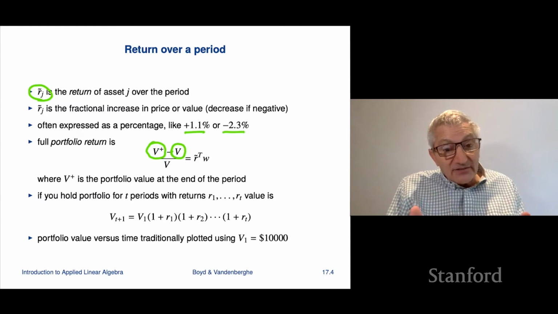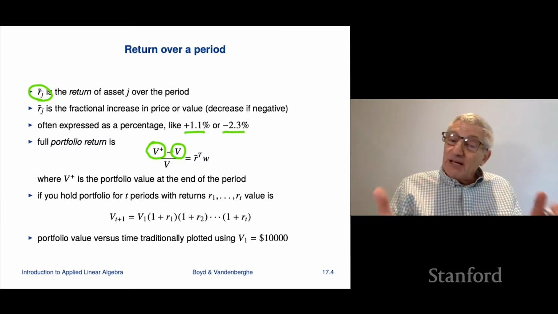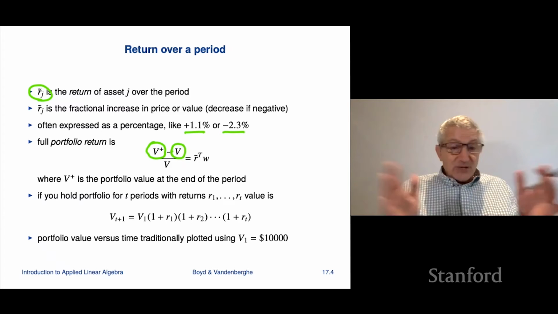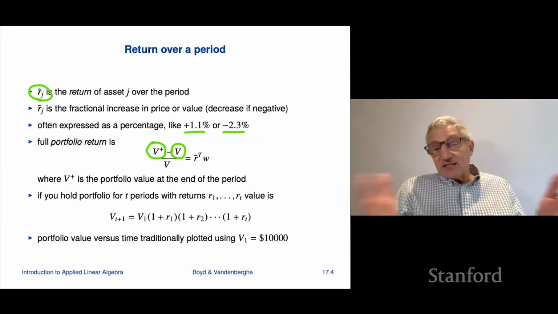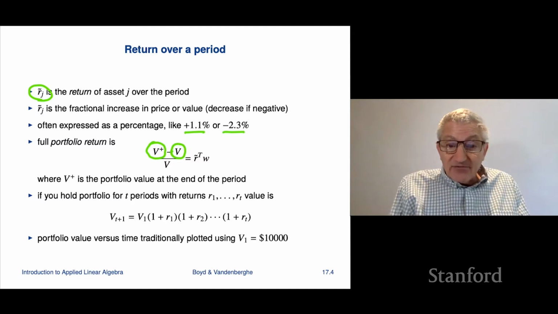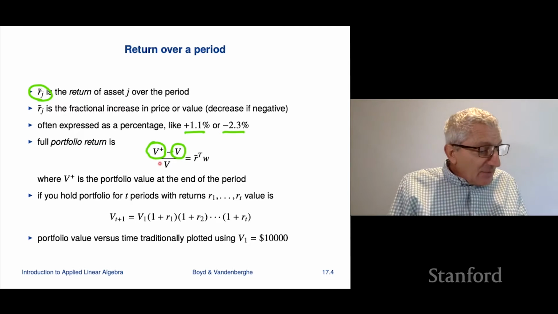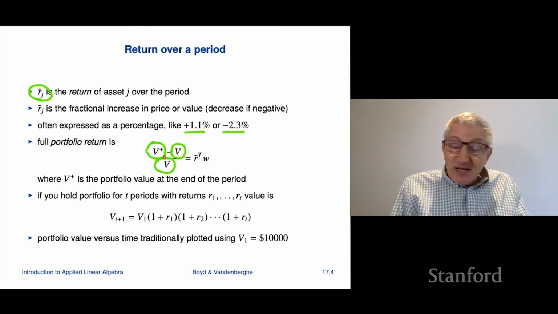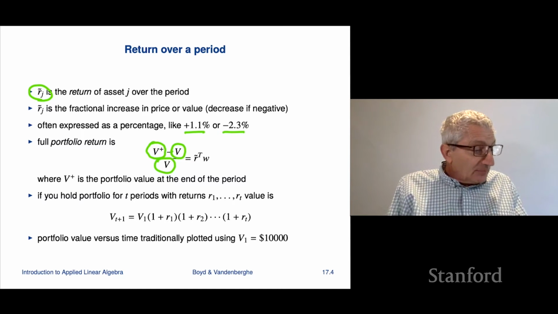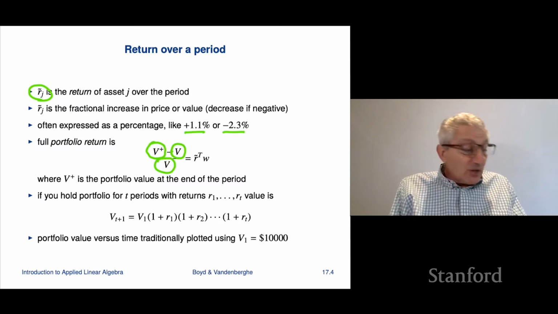Now it could be negative, which means you lost money, or lost value. I'm not saying it necessarily increases, but it's the increase in the value of the portfolio, and I divide that by the initial value, and that is the fractional increase in the value of the portfolio. That's called the portfolio return.